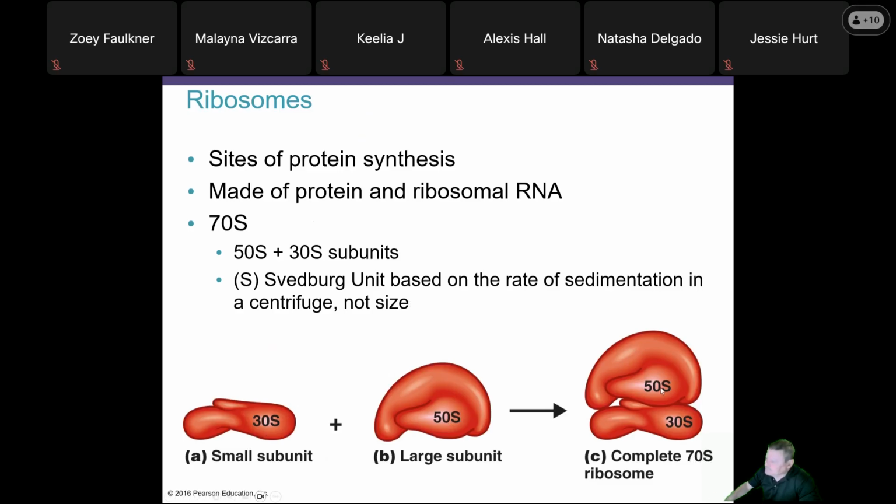But do remember that this 70S ribosome is different than the eukaryotic ribosome. When we get to antibiotics later, we'll talk about some that act upon the 70S ribosome, but leave the 80S ribosome alone in your eukaryotic cells, so that you take the antibiotic and it only kills bacteria, and you have few side effects because it doesn't do anything to your cell because you have an 80S ribosome.